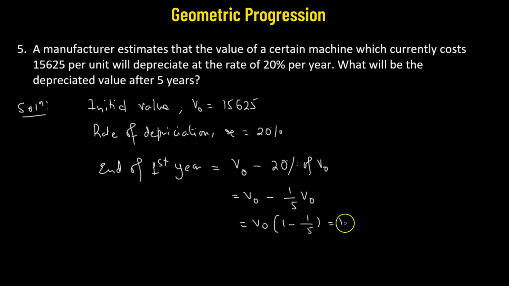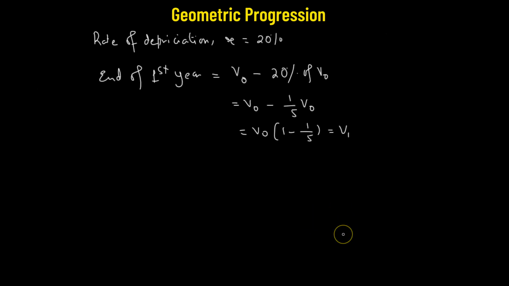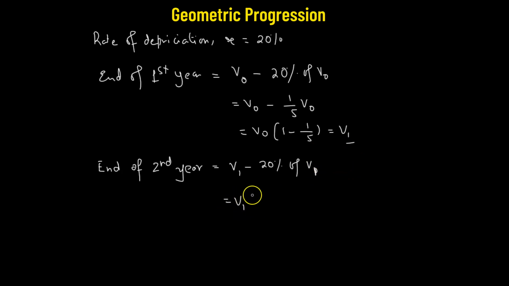Let's represent it by V1. Then after the end of the second year, it's again going to get depreciated by 20%. So we have V1 minus 1/5 of V1, which equals V1 times 1 minus 1 over 5.